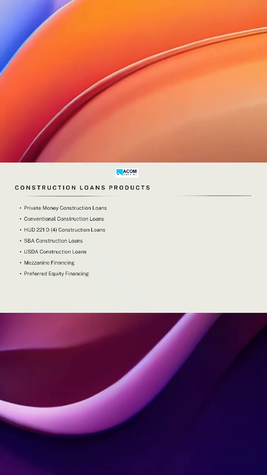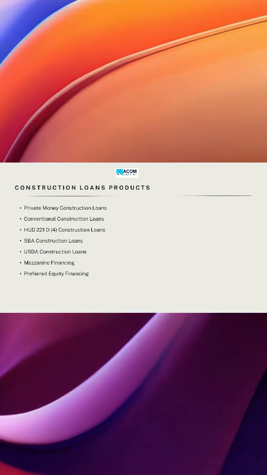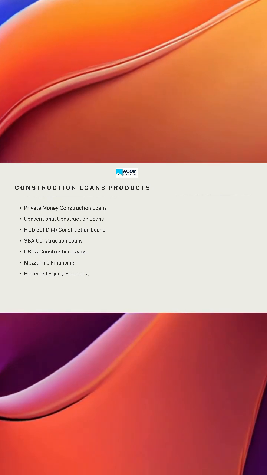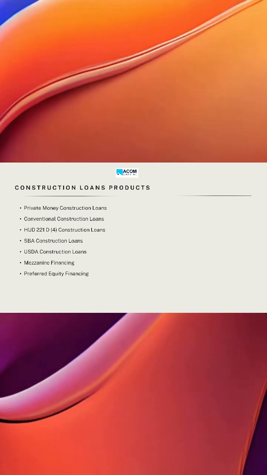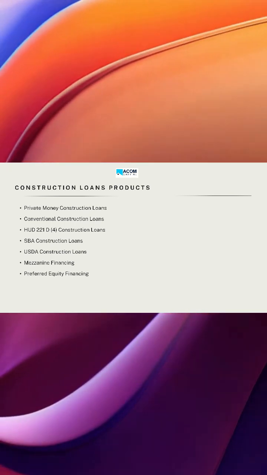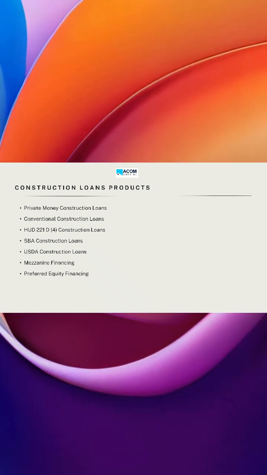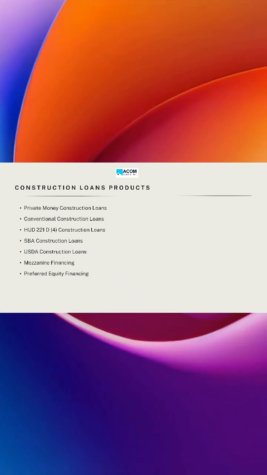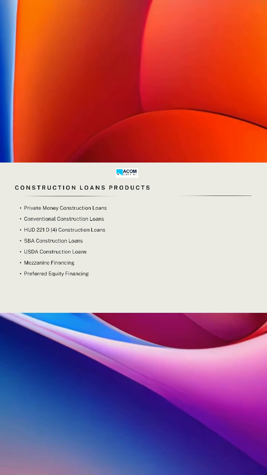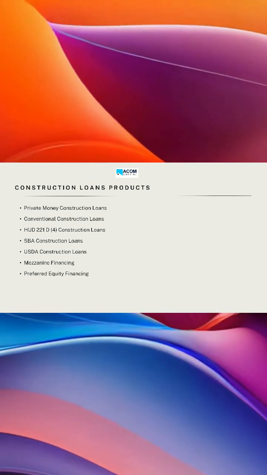SBA construction loans. That's for owner-user properties. We specialize in hotels, gas stations, truck stops, car washes, these kinds of properties. We help clients build under SBA. USDA construction loans.